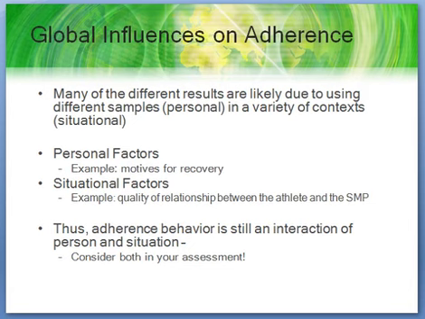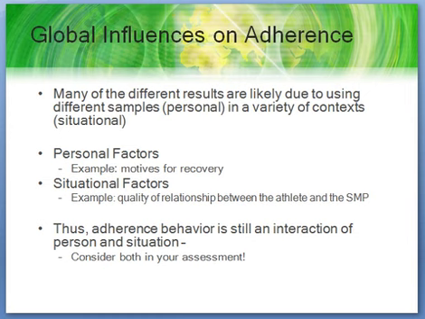Just like anything in psychology, really, hopefully you got that from your 272 class, personal and situational factors are often going to be the biggest contributing factors in terms of groups of factors. So a bunch of personal stuff may contribute to their adherence, and then a bunch of situational stuff. So there's some examples here. Your individual motive and goals to recover and get back is one example of a personal factor.